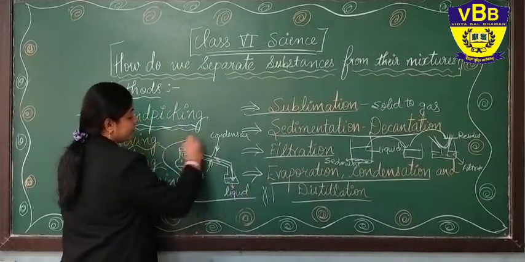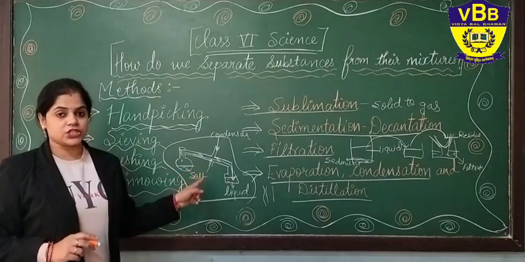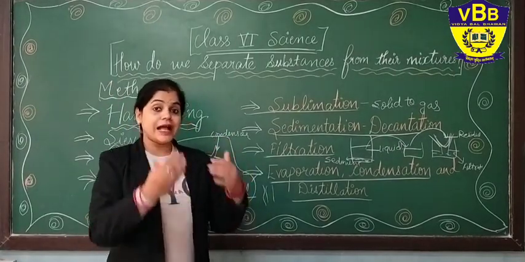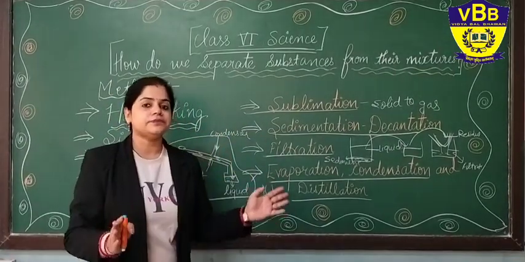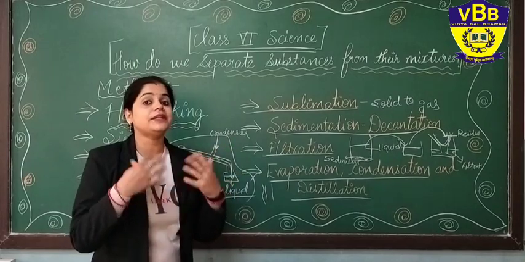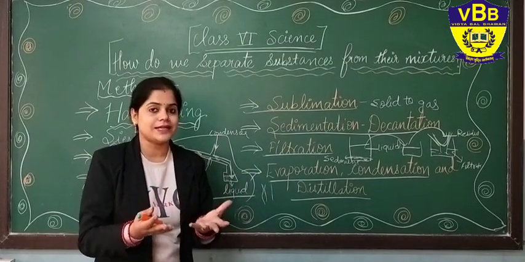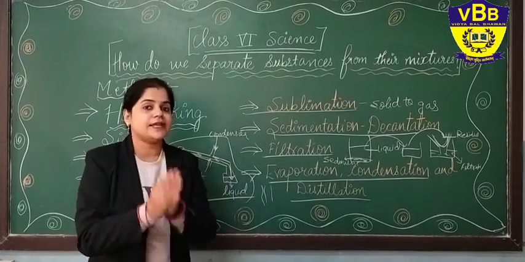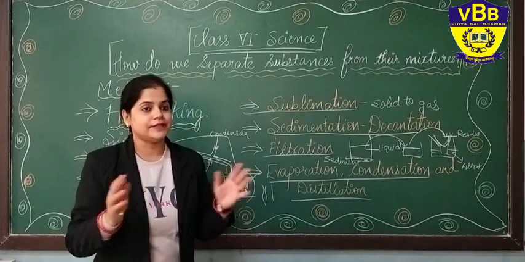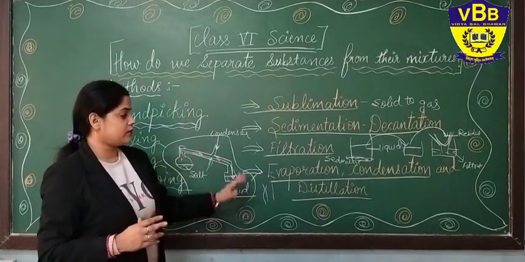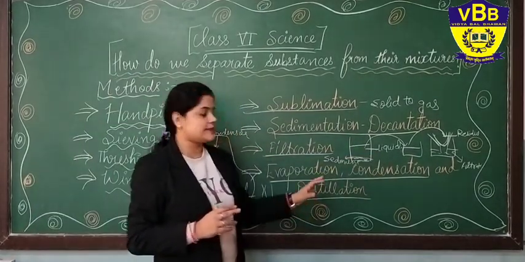So in this whole process of distillation, the water and the salt are both being used and both are being collected. Nothing is lost here, and there is minimum wastage of both things. So this is the whole process of evaporation, condensation and distillation.